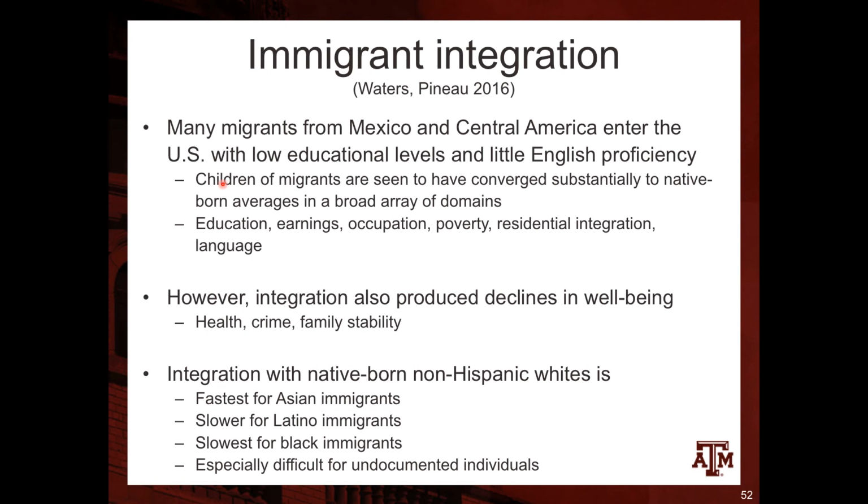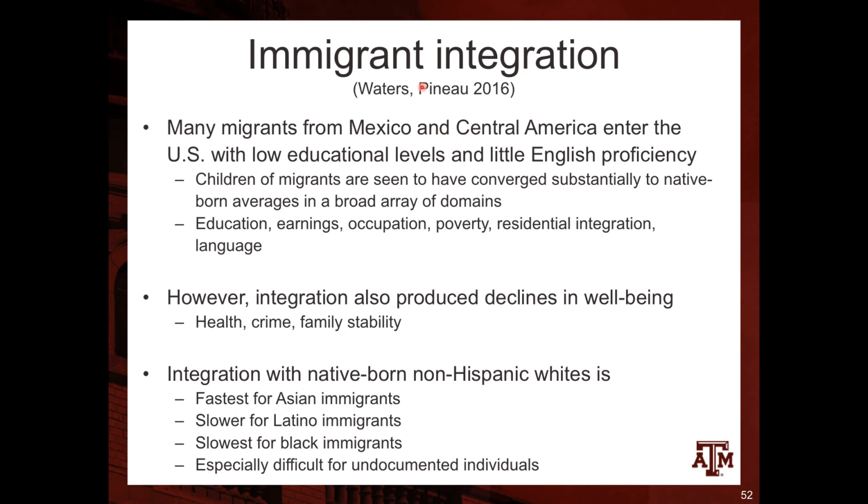But then the children of immigrants, those born in the US but with parents from elsewhere, their crime rates start to increase and get closer to the US-born population. And we'll show a graph in the next slides about this. And family stability also declines for children of immigrants compared to first generation immigrants.